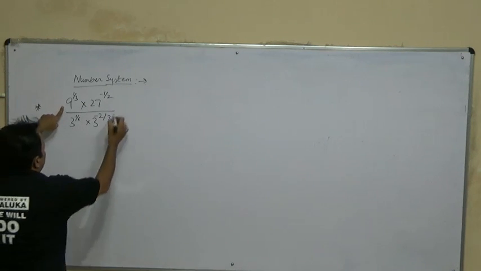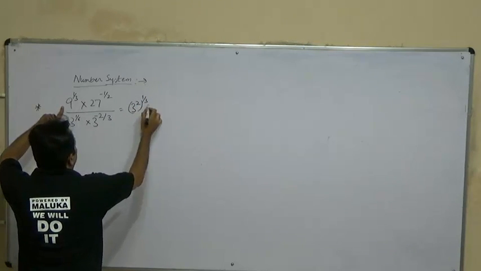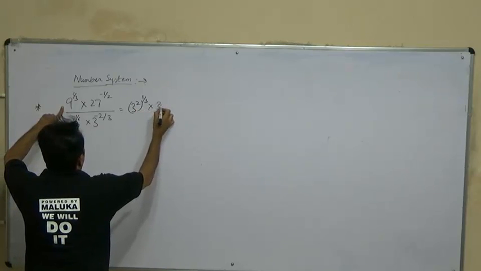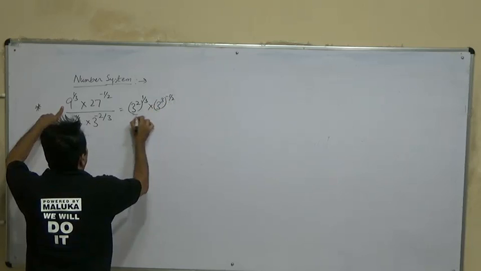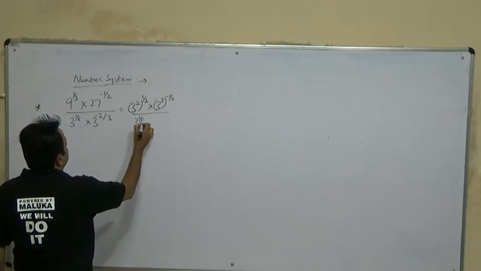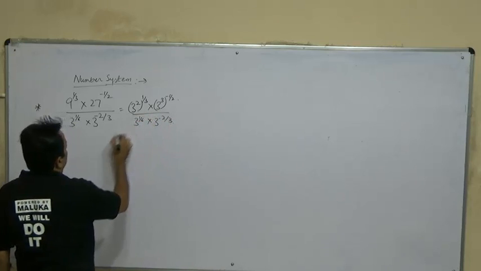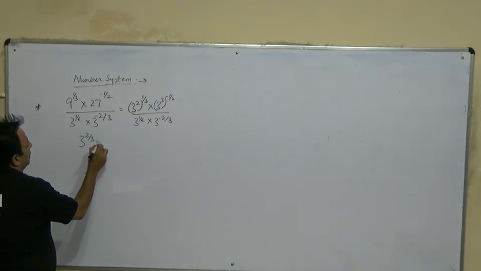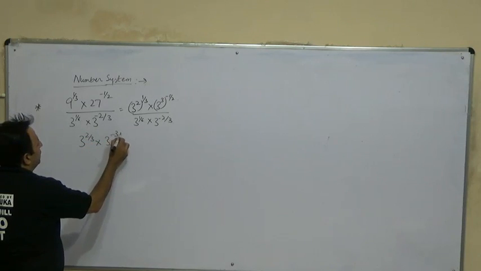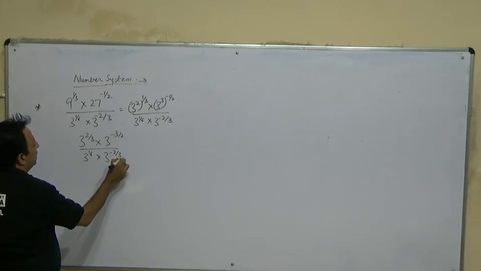Likewise, for 9 we can write 3 square, then we have power 1 by 3 into this is 3 raised to power 3, this is minus 1 by 2, upon 3 raised to power 1 by 6 and 3 raised to power minus 2 by 3. So now it comes out to be 3 raised to power 2 by 3 into 3 raised to power minus 3 by 2, upon 3 raised to power 1 by 6 into 3 raised to power minus 2 by 3.